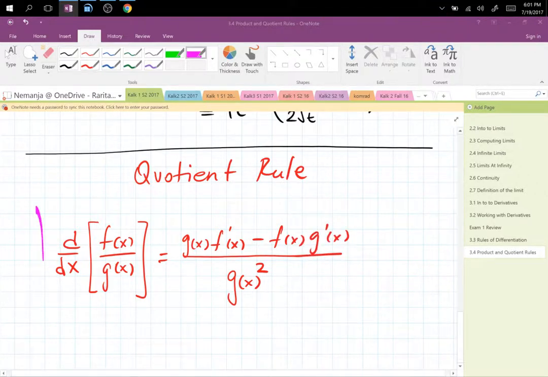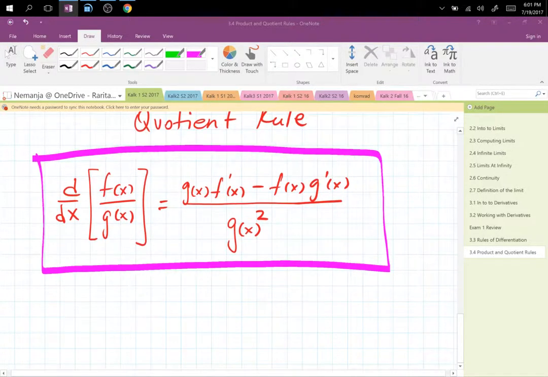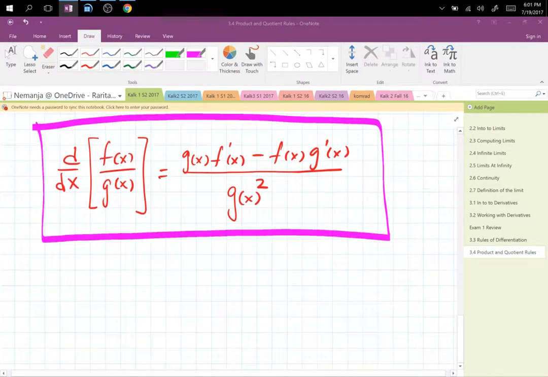So it's backwards from product rule. So quotient rule, and immediately an example so you can enjoy this.